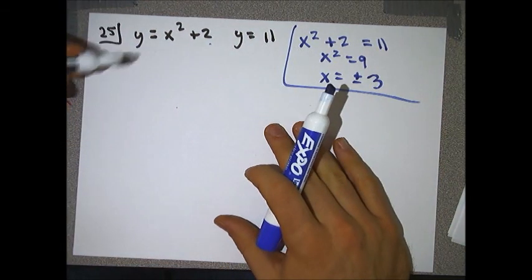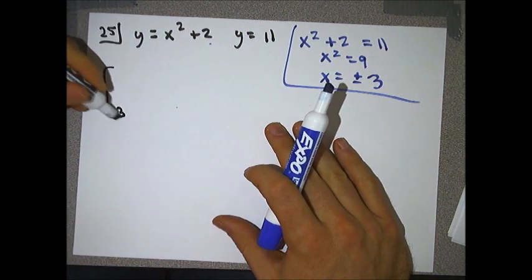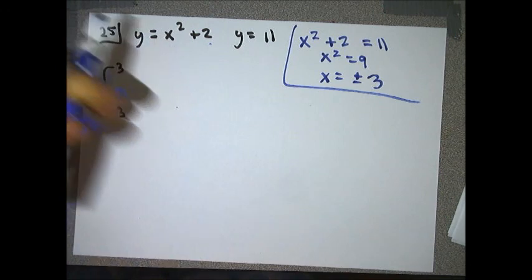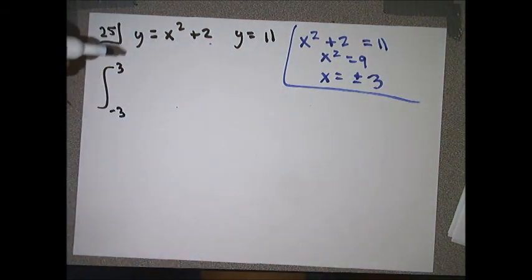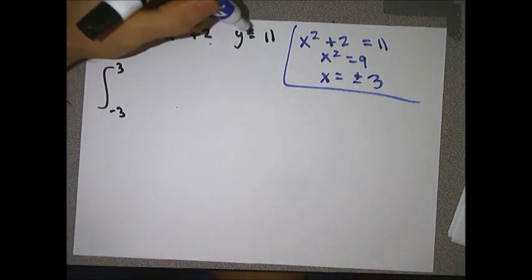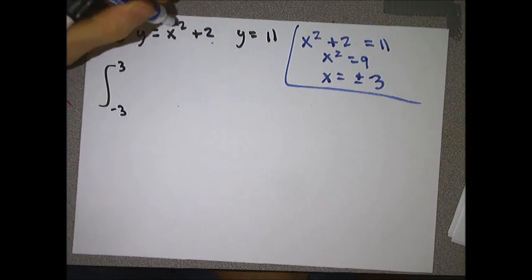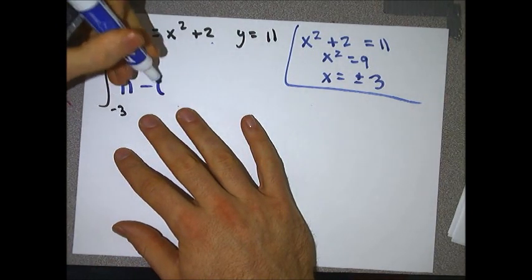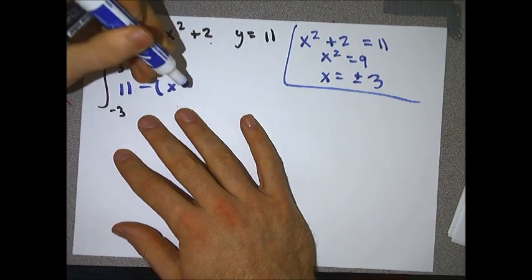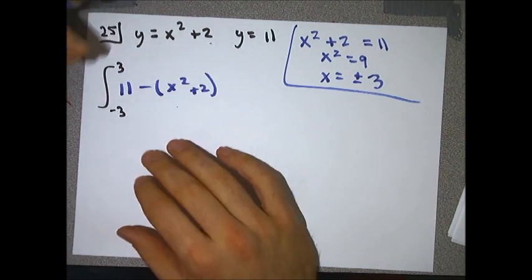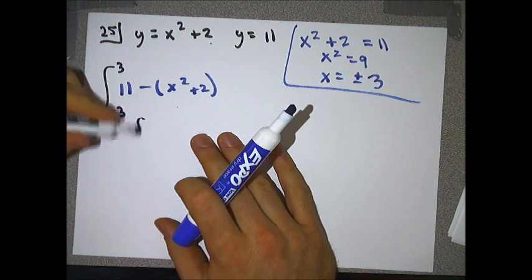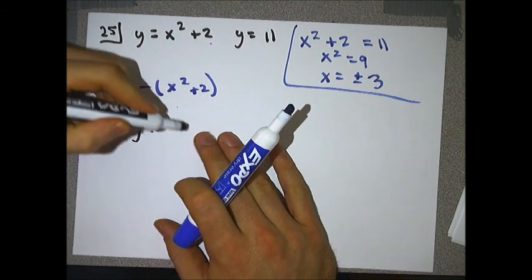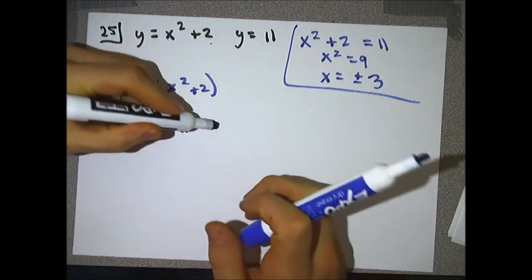So now I know I have the integral from negative 3 to 3. And this is top curve minus bottom curve. The top curve is the line of 11. The bottom curve is x squared plus 2. So 11 minus, in parentheses, x squared plus 2. Doing some more math, that is 11 minus x squared minus 2.